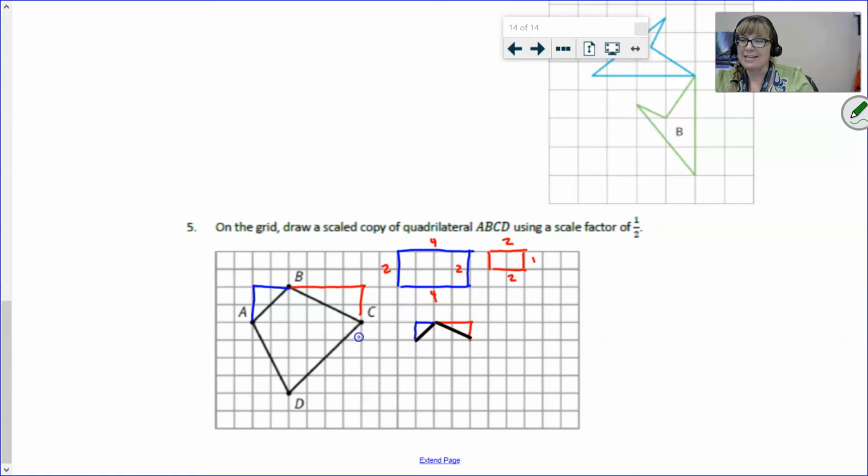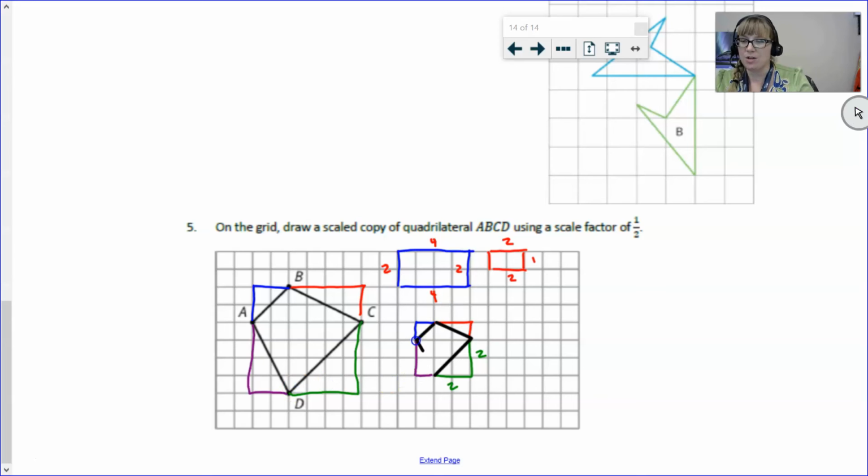Continuing on, I can see that diagonal CD goes down 4 and over 4. Half of that will be down 2 and over 2, making the diagonal look like that. And finally, to finish up, this diagonal went down 4 and to the right 2. Half of 4 is 2, so I go down 2. Half of 2 is 1, so I go over 1.